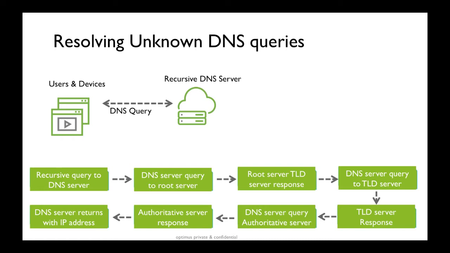The recursive DNS server holds a cache of common DNS queries. In this case, let's assume that the domain is not common, so the recursive server needs to go find the IP address.